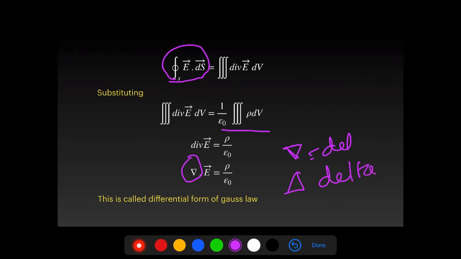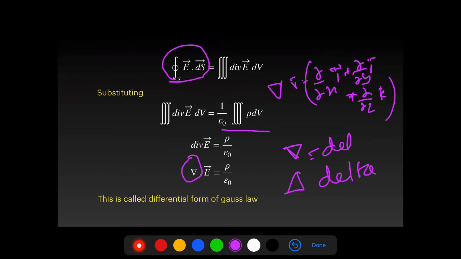So del means, as you know in vector calculus, del bar is dou by dou x of i bar plus dou by dou y of j bar plus dou by dou z of k bar.